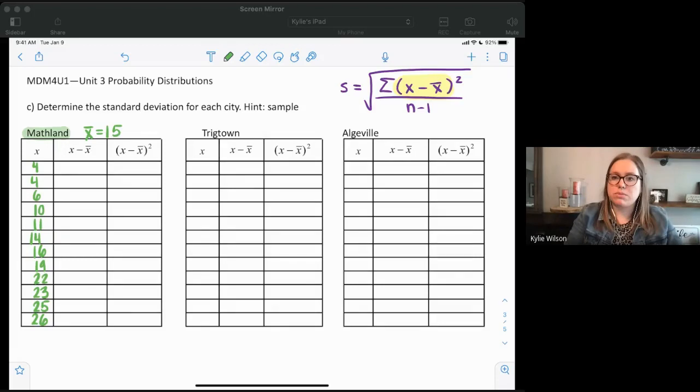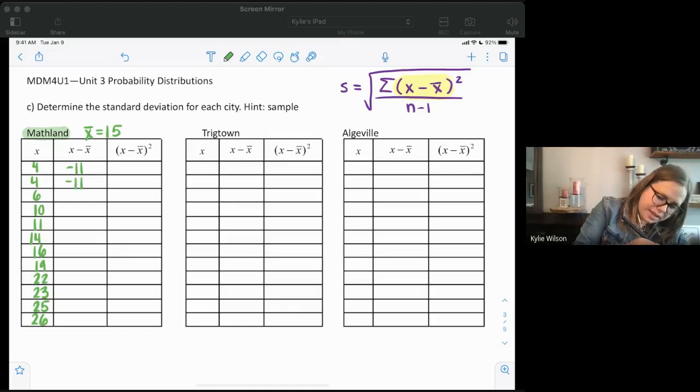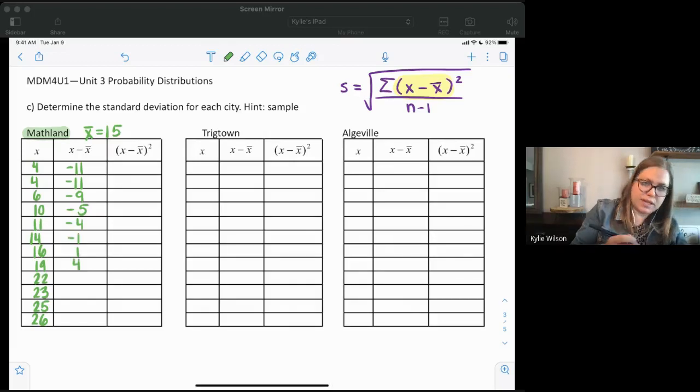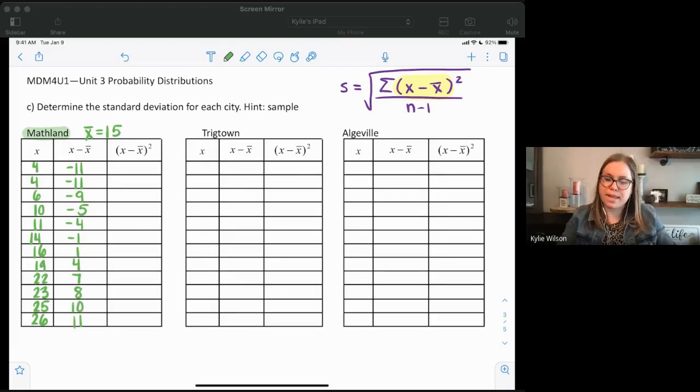So we'll have negative 11, negative 11, negative 9, negative 5, negative 4, negative 1, 1, 4, 7, 8, 10, and 11. So all I did is subtract 15 from each of my data points.